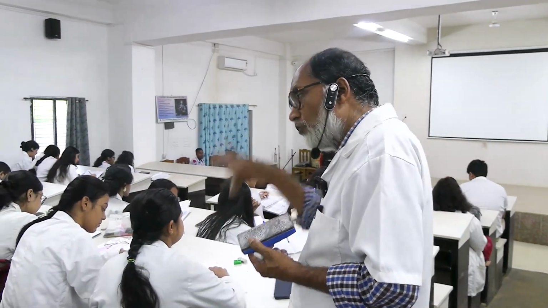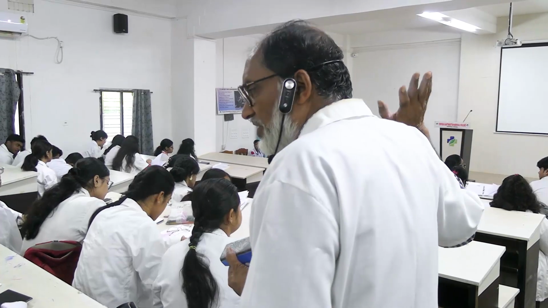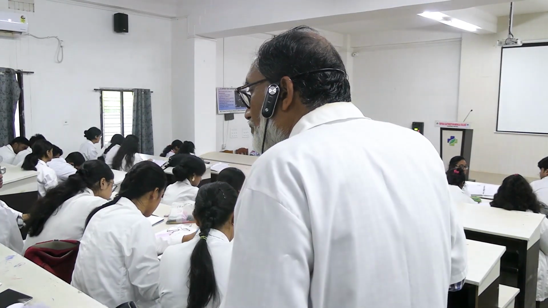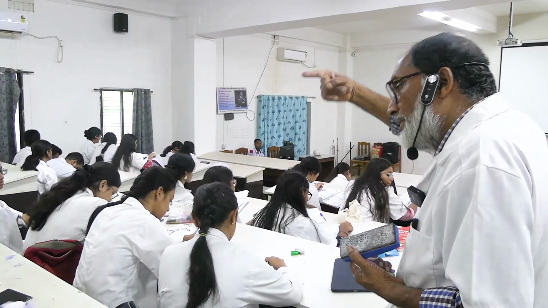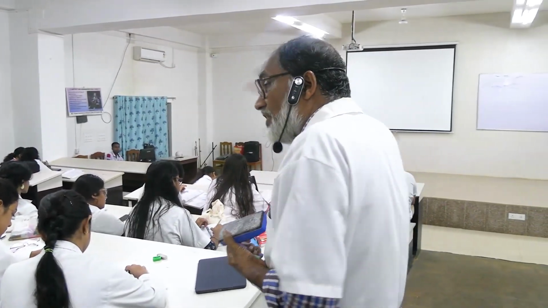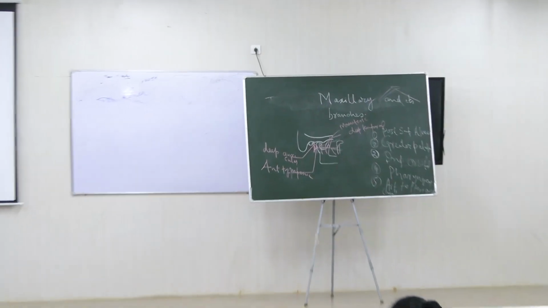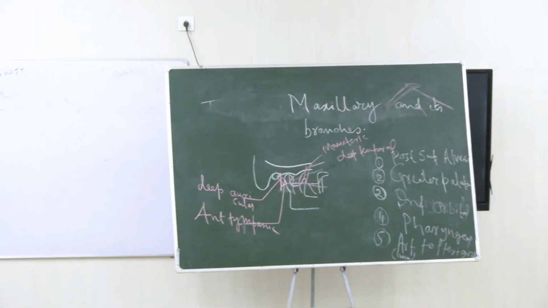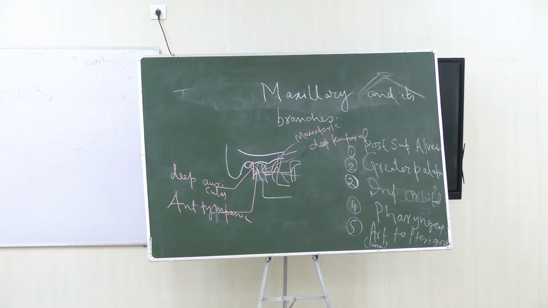The maxillary artery passes on the medial aspect of the neck of the mandible. Two important structures accompany it. What are they? One is the auriculotemporal nerve, which lies above, and the maxillary vein, which lies below. From the pterygoid plexus, the maxillary vein will come out.